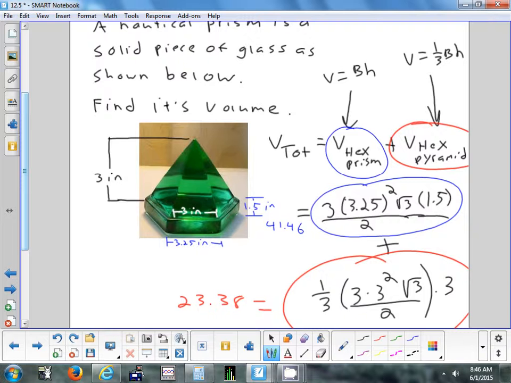Looking at that, it almost seems kind of funny. I would have thought the pyramid on top would have more volume than the base. The base doesn't look that big to me. But that's what the book says. The volume of the base, the prism, is 41.46. But I guess you also have to think the sides here are tapering in, so it's getting smaller as it goes towards the top.